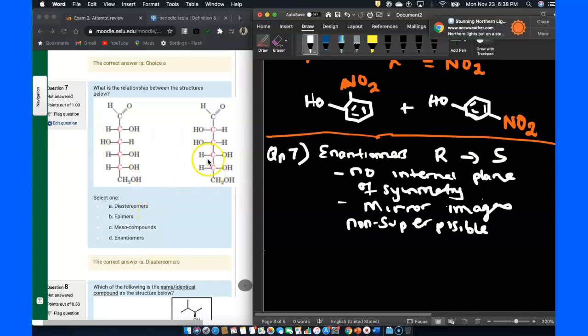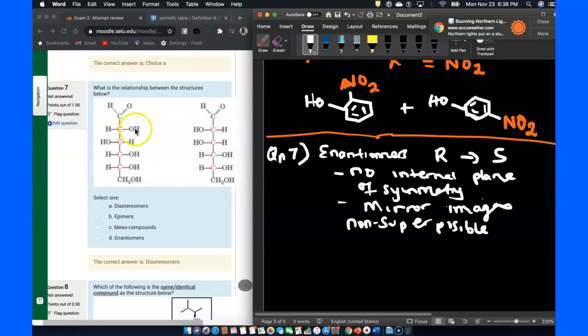Now, even without assigning R and S on these Fischer projections, let's come from down. You see you have OH to your right, OH to your right, right? In fact, everything down here is the same, the first 3 carbons. Now, when you come up here, you see that this OH is on the left, that's on the left.